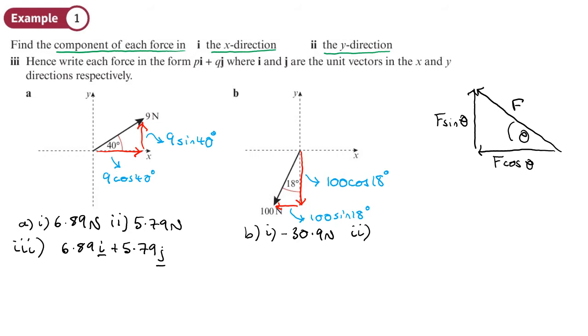And the second part of the question, we do 100 cos 18, and we get 95.1, and also that's negative as well, negative 95.1 newtons because of the direction. So let's write this in the form IJ. So the I part will be negative 30.9 I minus 95.1 J. So that's done.